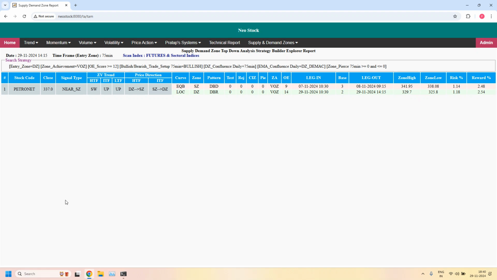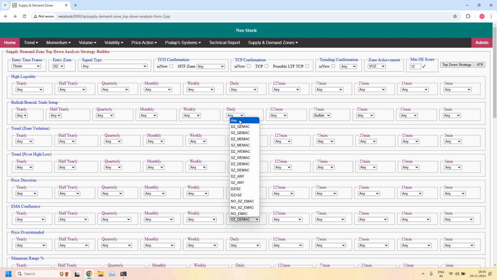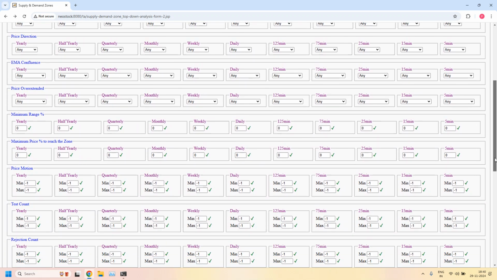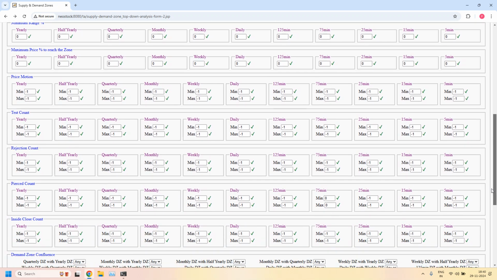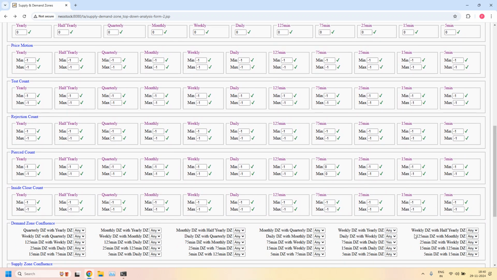Okay, next let us look for LTF, ITF, HTF demand zone confluence. First we need to remove this EMA filter. I removed it. So in the demand zone confluence, already one filter is enabled, that is 75 minutes demand zone with daily demand zone confluence. 2 more filters: 75 minutes demand zone with weekly demand zone confluence, daily demand zone with weekly demand zone confluence.